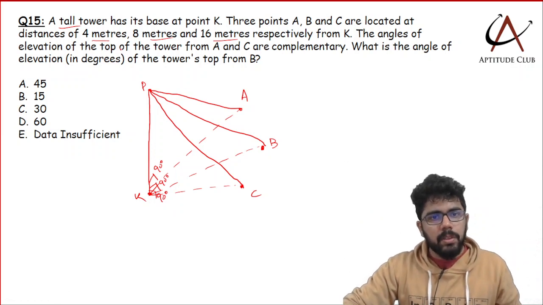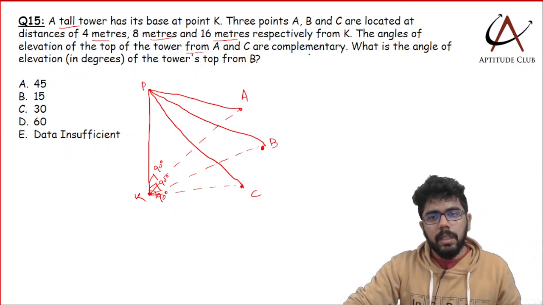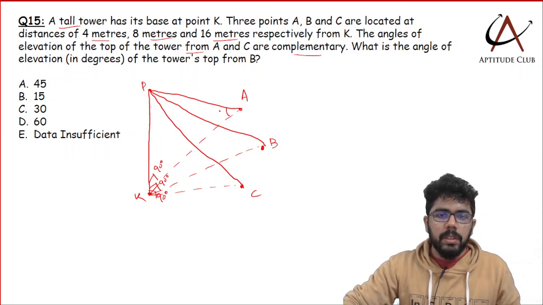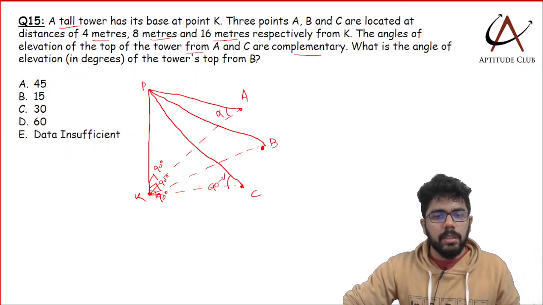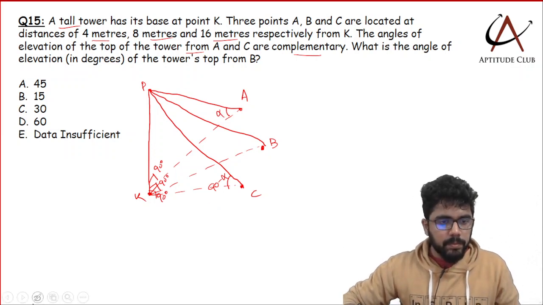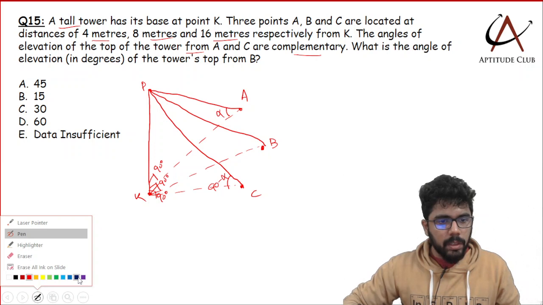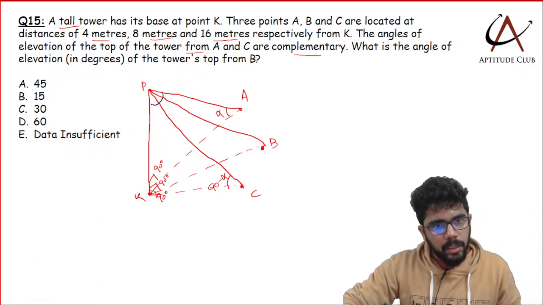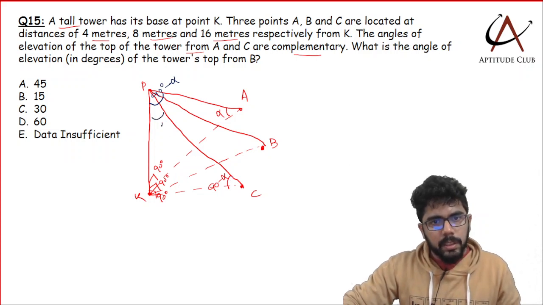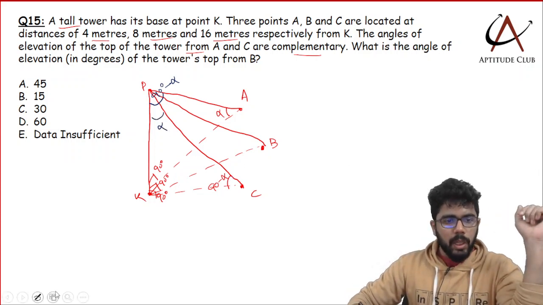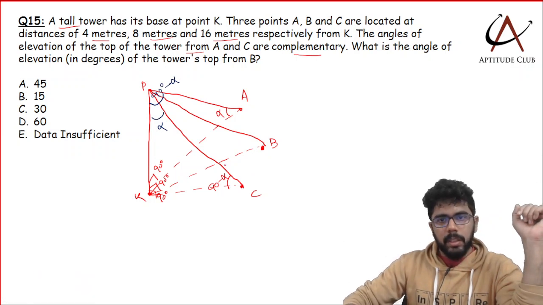The angles of elevation of the top of the tower from A and C are complementary. So if this is alpha, this is 90 degrees minus alpha, and if this is 90 degrees minus alpha, this angle is alpha.